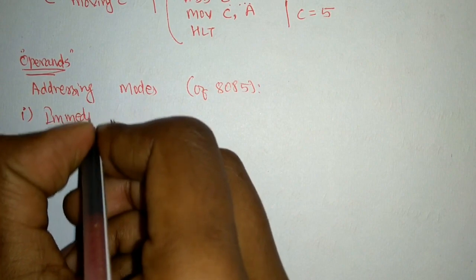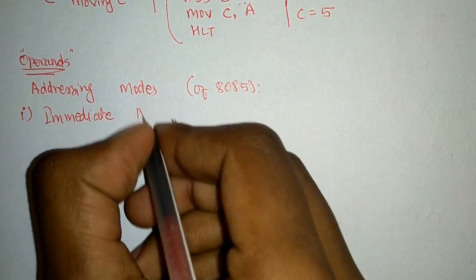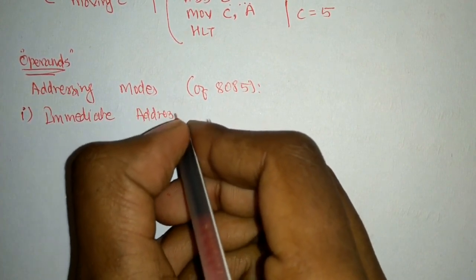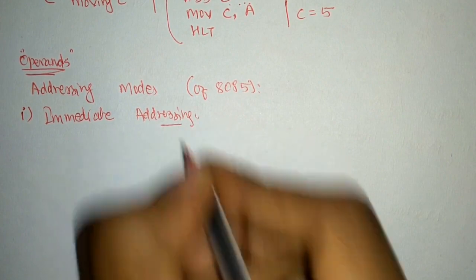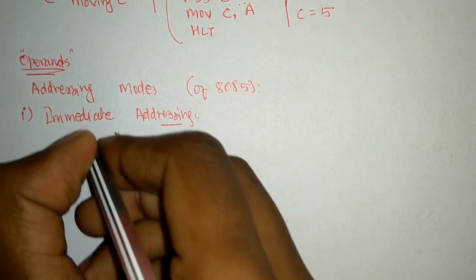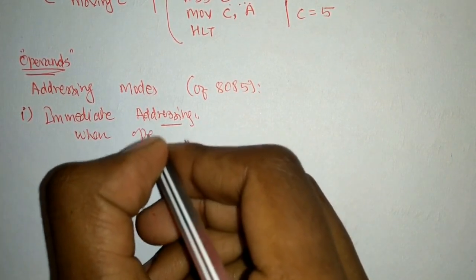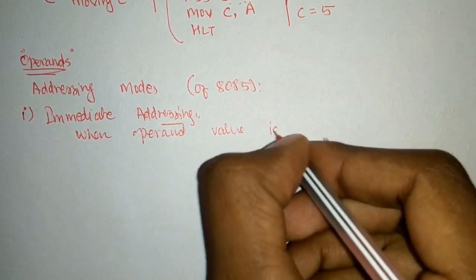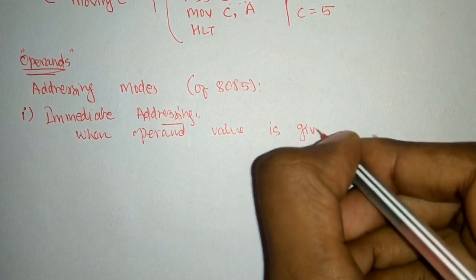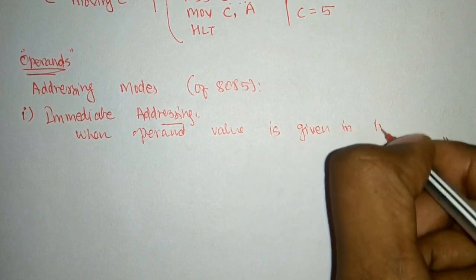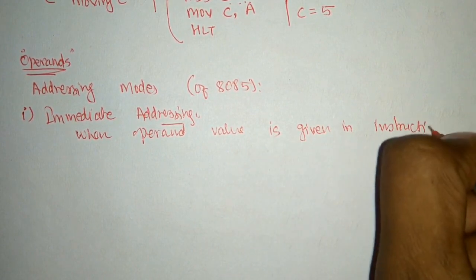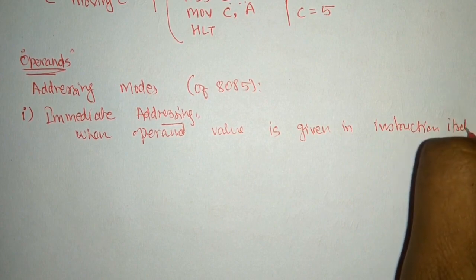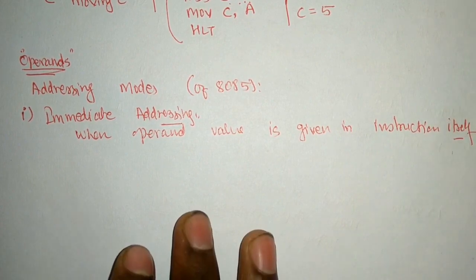Addressing modes in 8085 could be, one, immediate addressing. Now what do we mean by immediate addressing? Immediate addressing is when the operand value is given in the instruction itself. What had I done here?